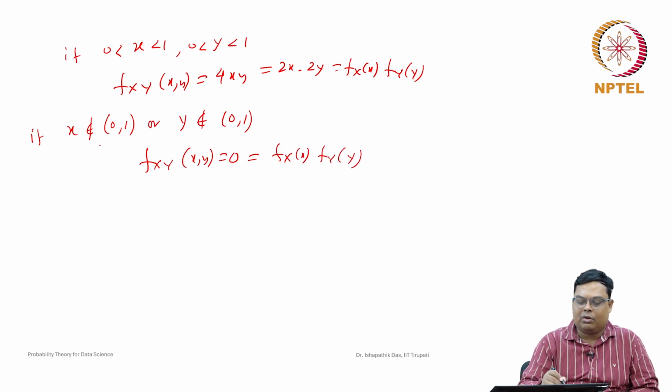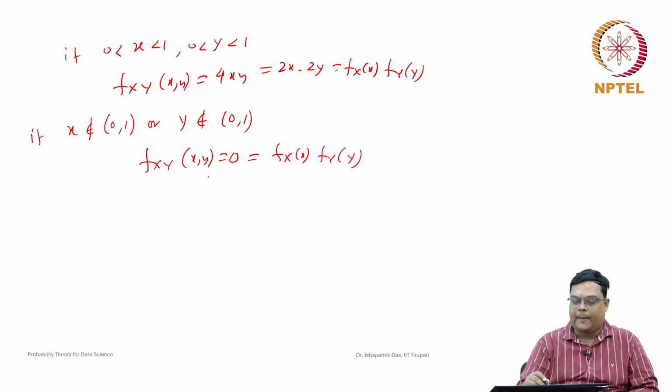Basically, f x y will be 0 if one of x and y is outside this interval, or both. On the right hand side, if x does not belong to 0 1, then f x x will be 0 and the product will be 0, and if y does not belong to 0 1, then f y y will be 0 and the product will be 0. If both are outside the region, both are 0.